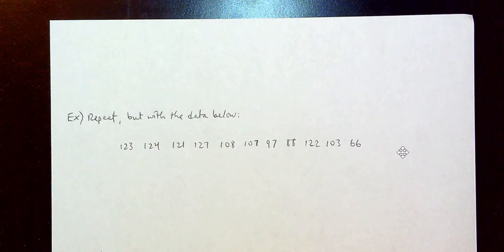So pause the video here. Try to figure that out on your own. And once you've gotten so far, or if you think you have it, press play. When we pick back up with the video, we'll have some of the work done, but not all of the work done here. So try this on your own. Once you think you have it, press play, and we'll see if you were correct.